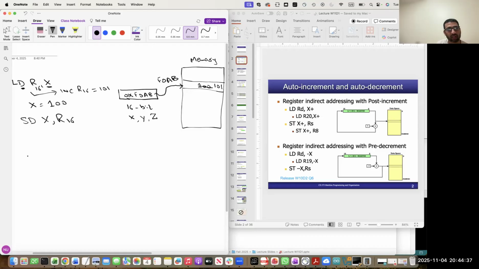So now what is the meaning of increment? If I say, for example, load R17, X plus, what does it mean? It means load the data from the memory location which is pointed to by X and put that data in R17, but after that, increment X. Currently we have 101 in this memory location, right?